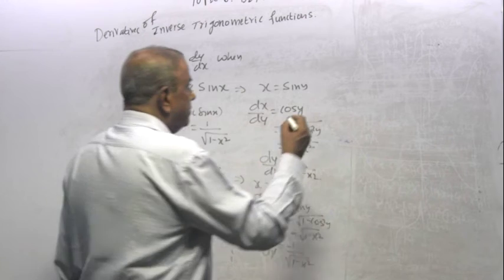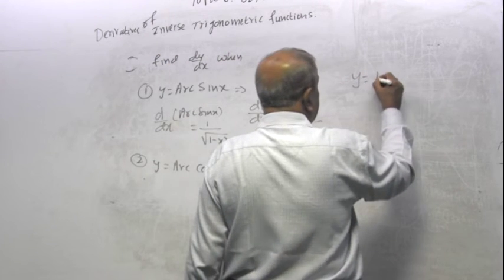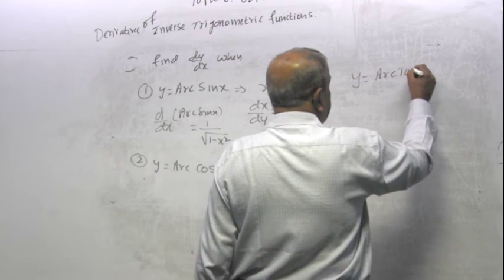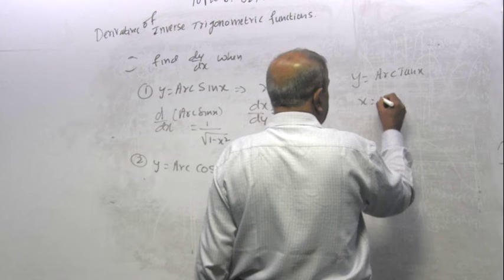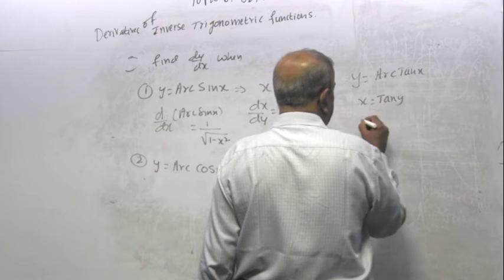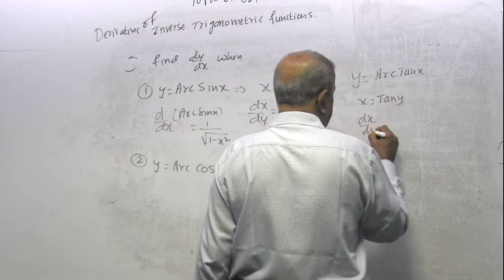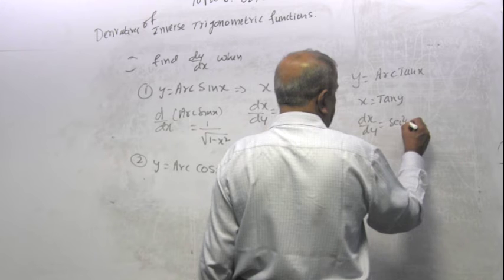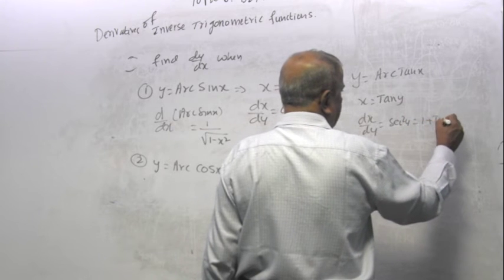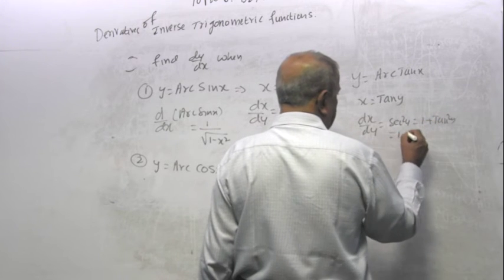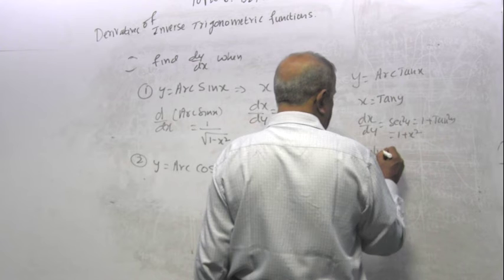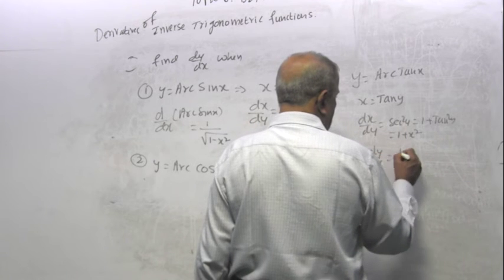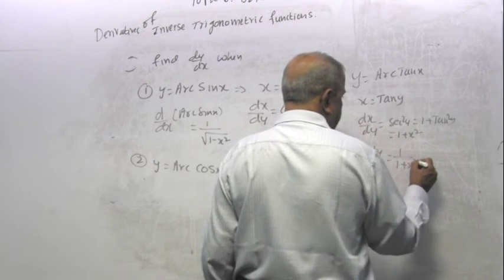And the last one, y equal to arc tan x, x equal to tan y, dx by dy equal to sec squared y, which is 1 plus tan squared y, which is 1 plus x squared. So dy by dx equal to 1 over 1 plus x squared.